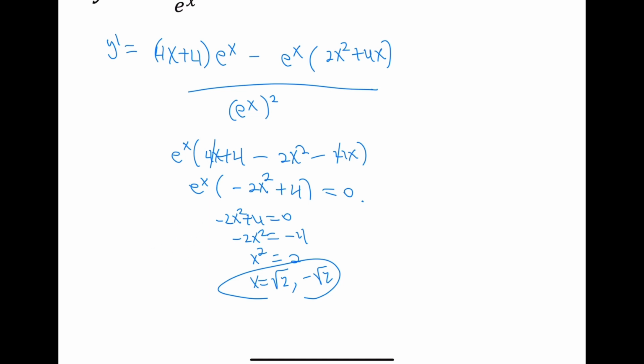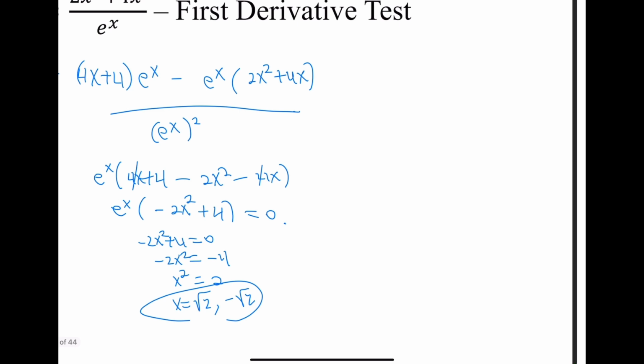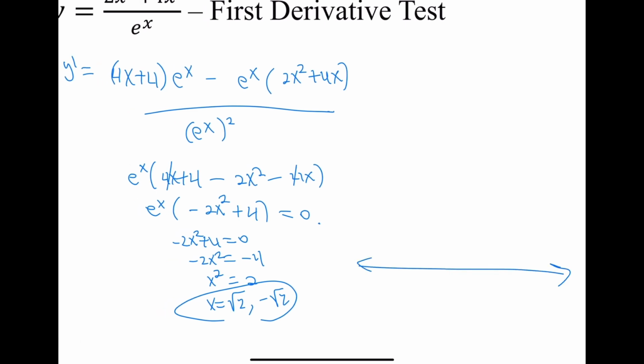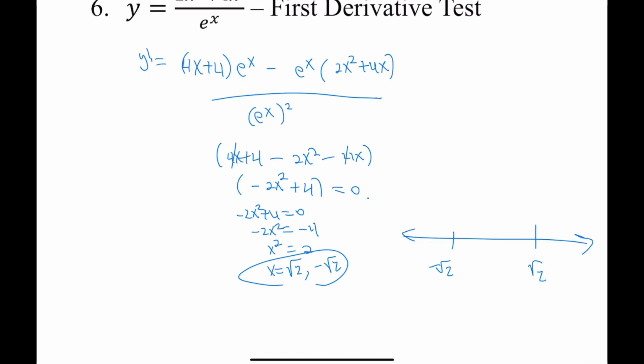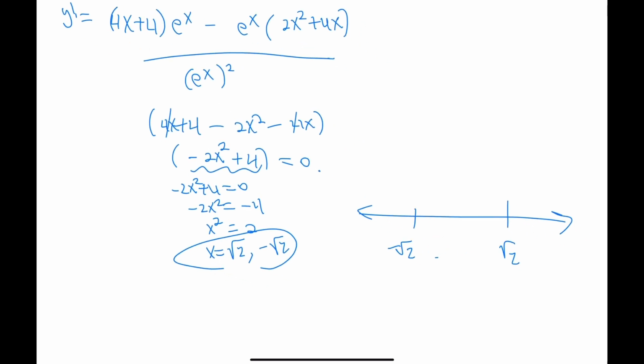So these will be our candidates, and then let's do a sign chart of them. For the signs, we're only considering this part right here, so we can just draw the graph of negative 2x squared plus 4 on this sign chart. That is an open downwards parabola with two x-intercepts. So positive, negative, positive.